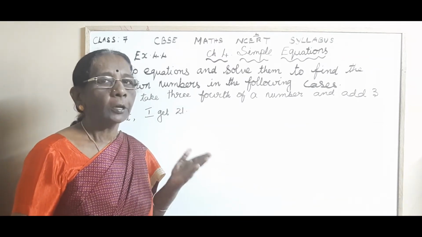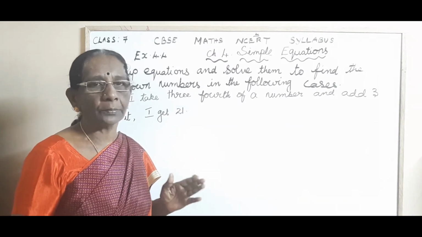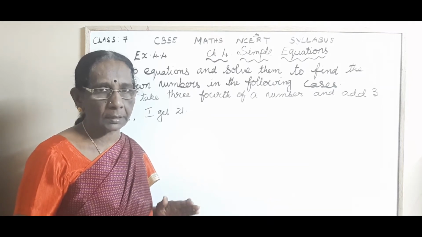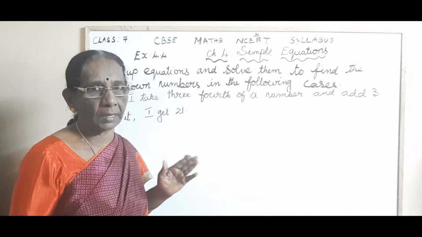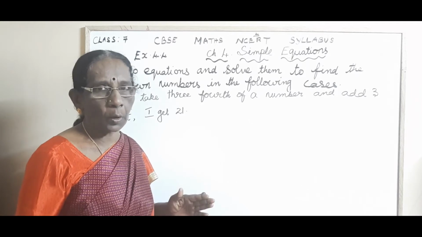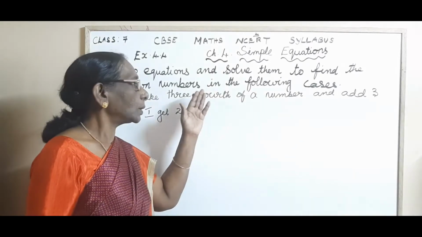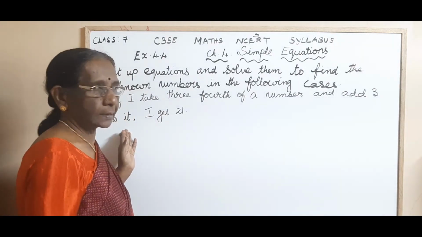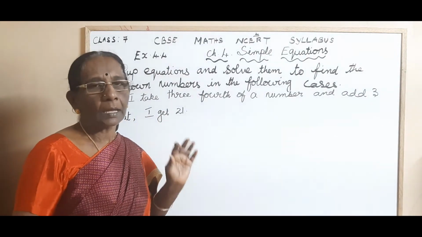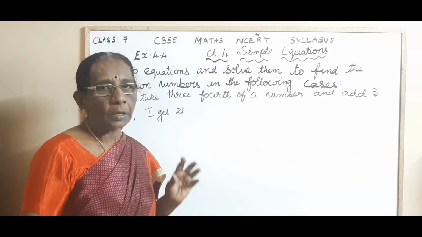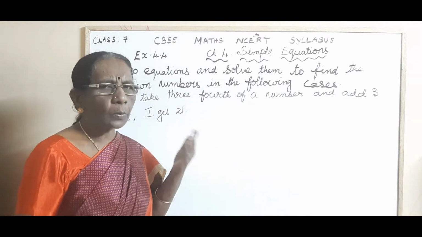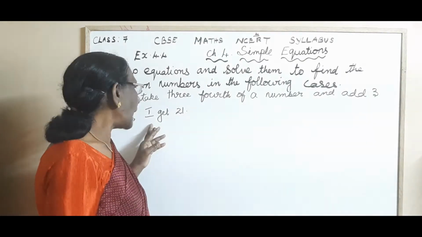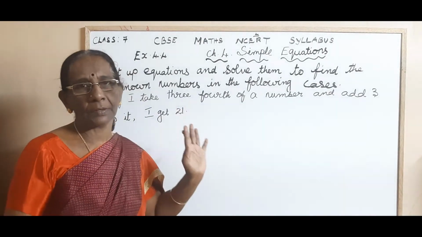That means you are multiplying by 3 by 4. 3/4 means 3 by 4. 3 is the numerator, 4 is the denominator. And then add 3 to it. After taking 3/4 of the number, you are adding 3 to it. So what answer are you getting? I get 21. So the game is over.